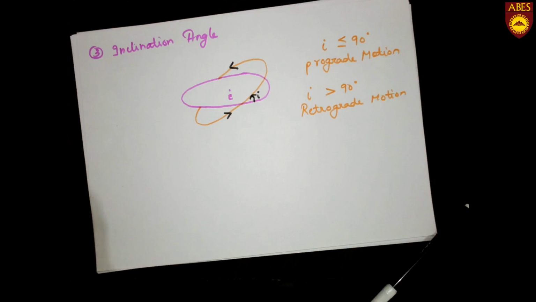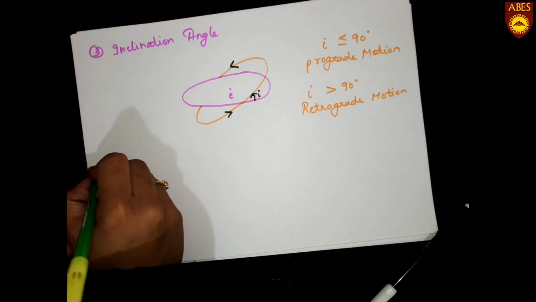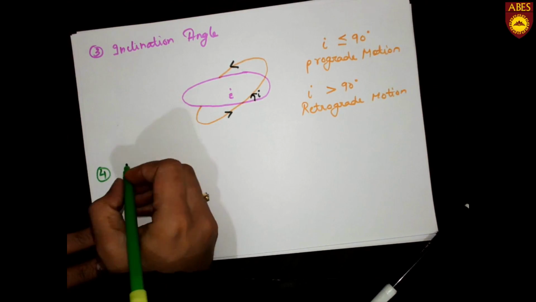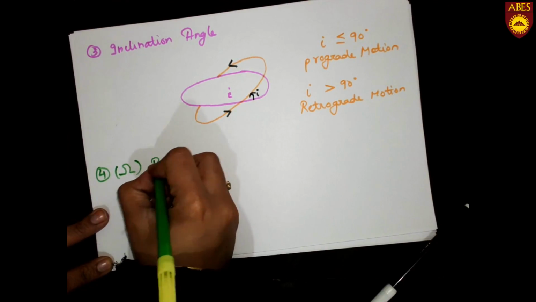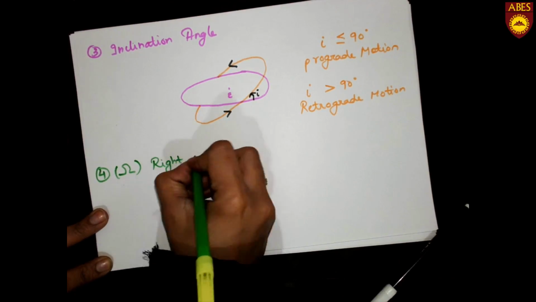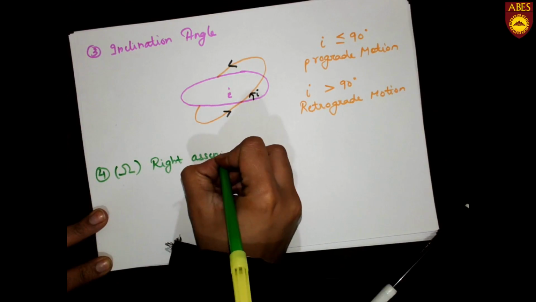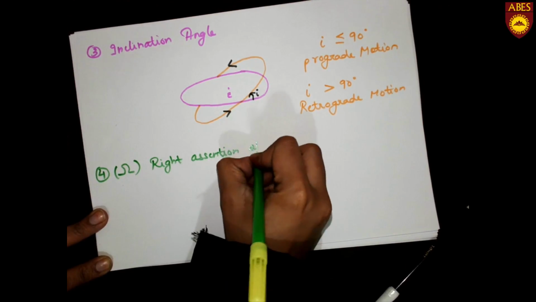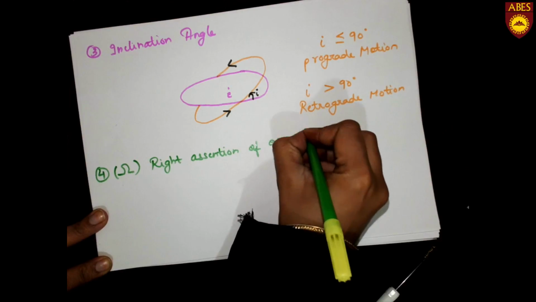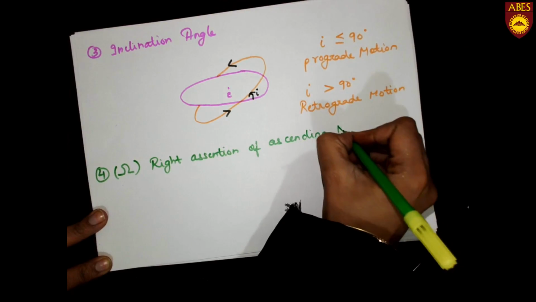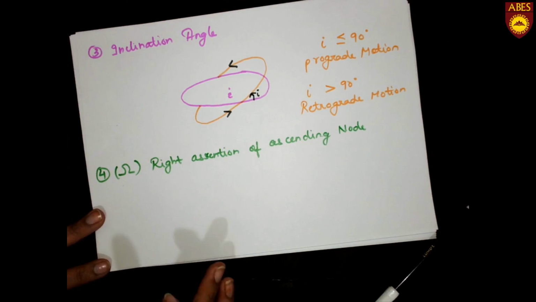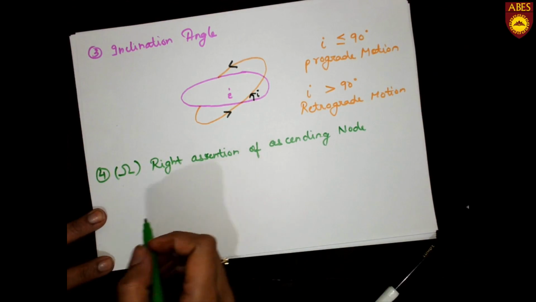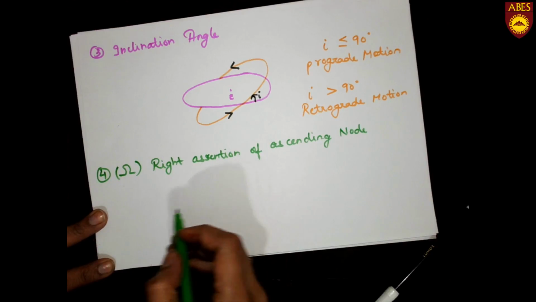Now we will talk about the fourth point, which was capital omega. This is the notation for the right ascension of ascending node. To understand it, firstly we need to understand what the ascending node is.